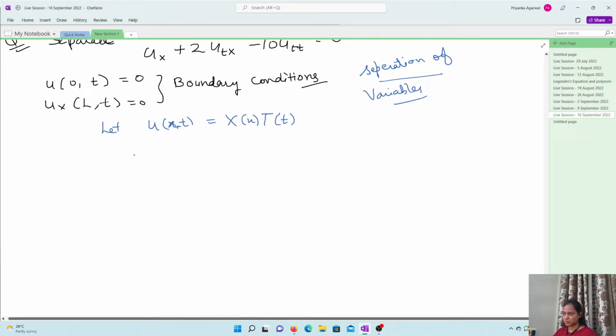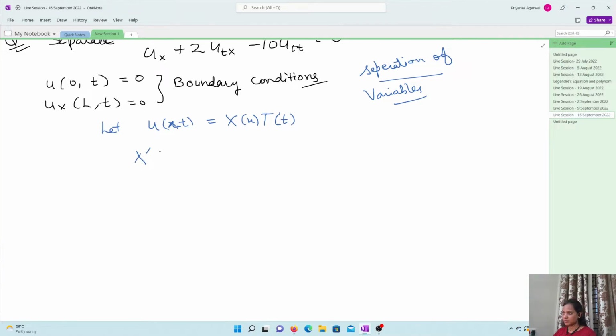And this becomes X prime T plus 2X prime T prime equals 10X T double prime.